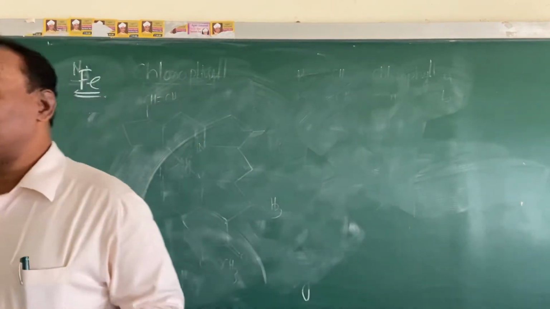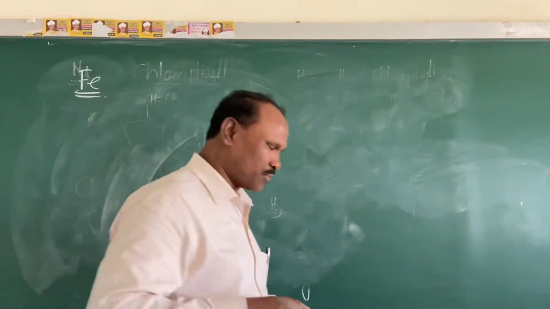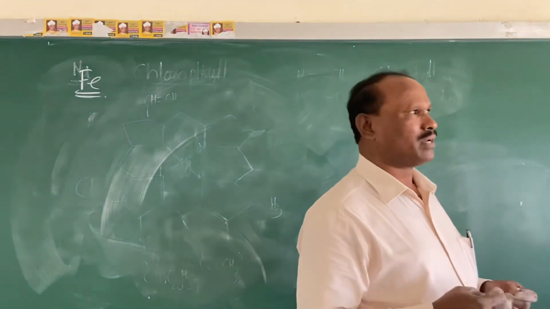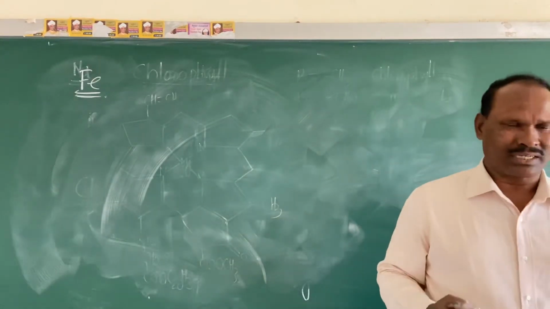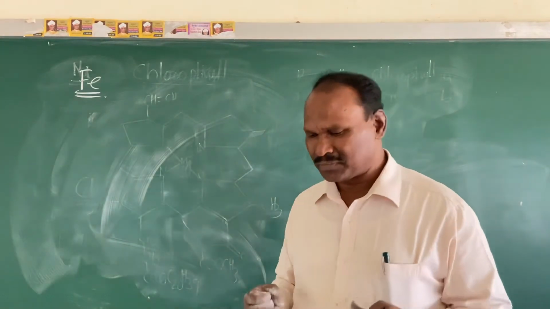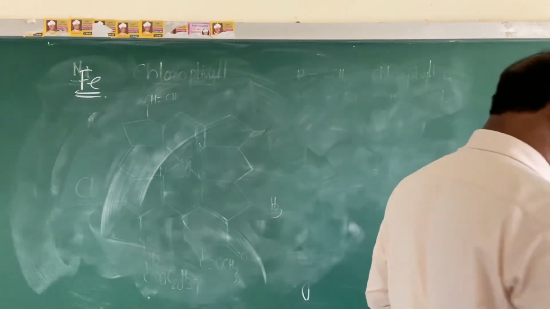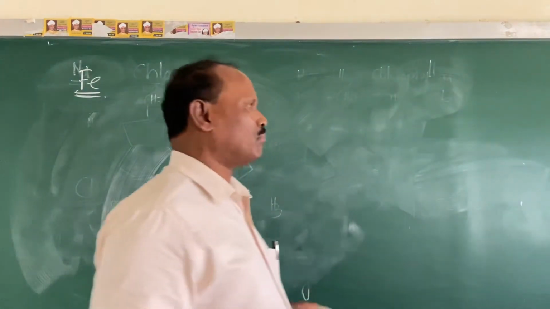Remember, not directly but in the form of food. When we eat green vegetables, meat, eggs, nuts, etc., we take this iron in the form of compounds.